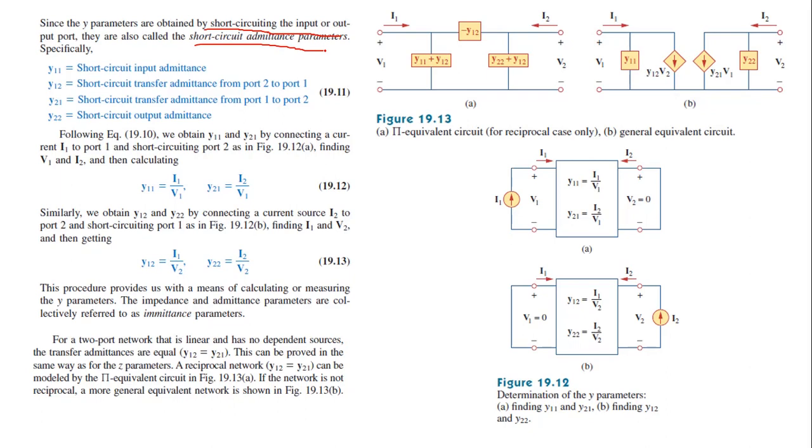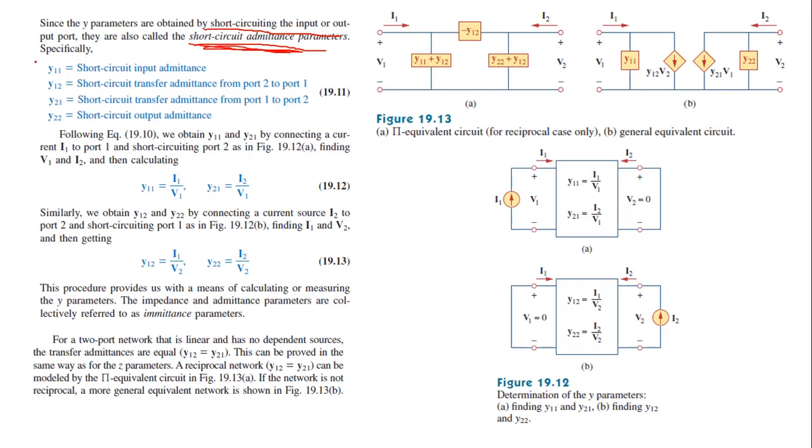Similar to impedance parameters, which were found by open circuiting the terminals and so were called open circuit impedance parameters, admittance parameters are obtained by short circuiting the terminals, so we call them short circuit admittance parameters.